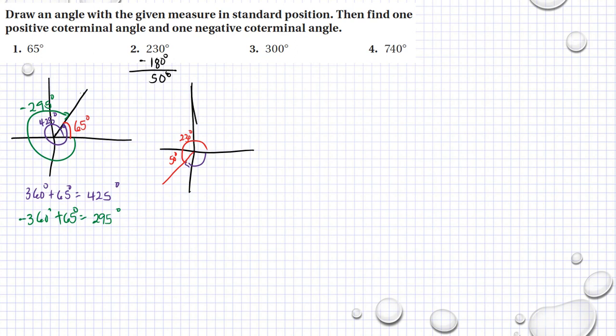Then that is negative 360 plus 230, and that is 130 degrees. So this is negative 130 degrees.